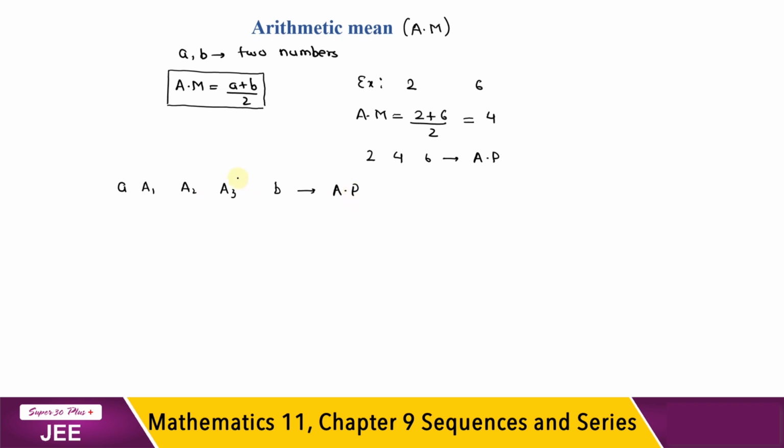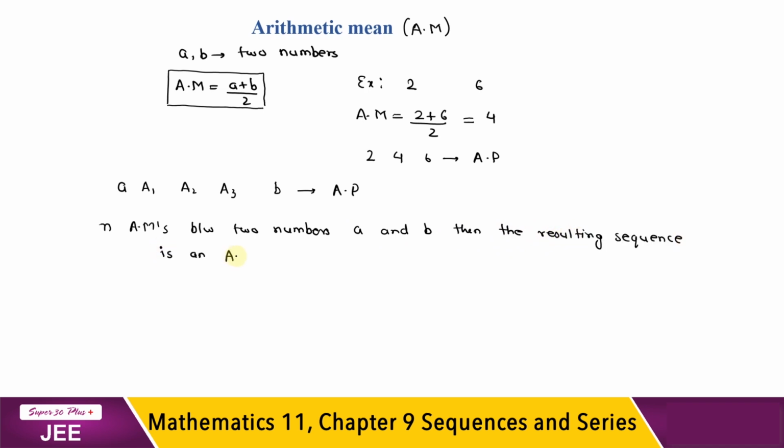Similarly, if I insert four arithmetic means A1, A2, A3 and A4 between A and B, then again the resulting sequence turns out to be an AP. So in general we can say that if we have n arithmetic means between two numbers A and B, then the resulting sequence is an AP.